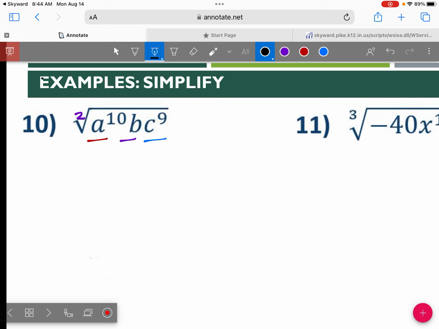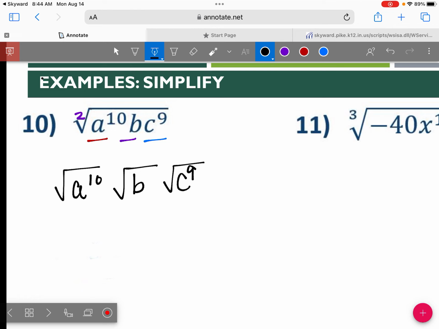Okay, so I'm actually taking the square root of a to the 10th. And I'm taking the square root of just b. And I'm taking the square root of c to the 9th. So only a is a perfect square because I can take the square root and not have anyone left over. So if I have 10 items and I want to make groups of 2, I can make 5 groups.